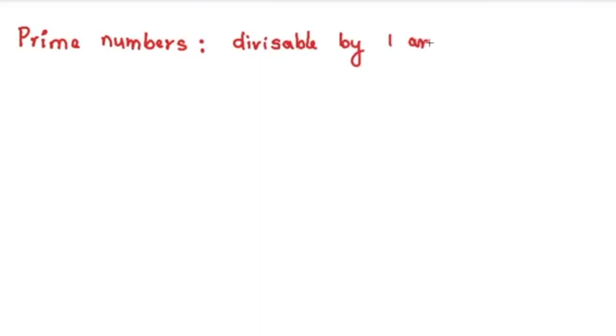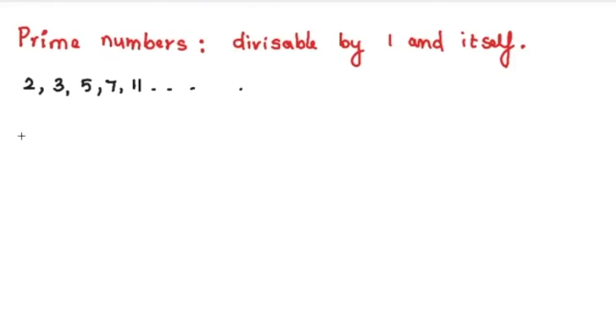These are called prime numbers. Now observe the important points about prime numbers. First, what are prime numbers? Divisible by 1 and itself. That means 2, 3, 5, 7, 11, all these are treated as prime numbers.